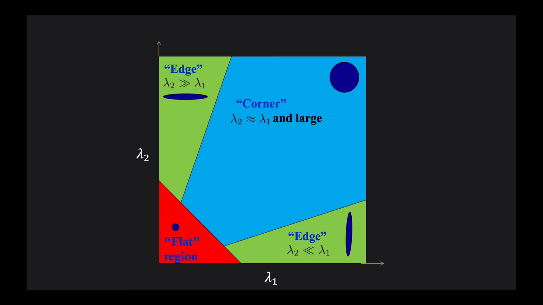And you may have seen this figure. Lambda 2 and lambda 1 are the two eigenvalues of this 2 by 2 matrix in our linear system.